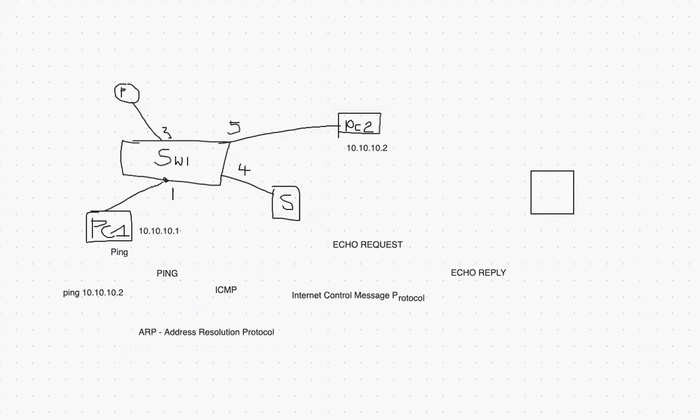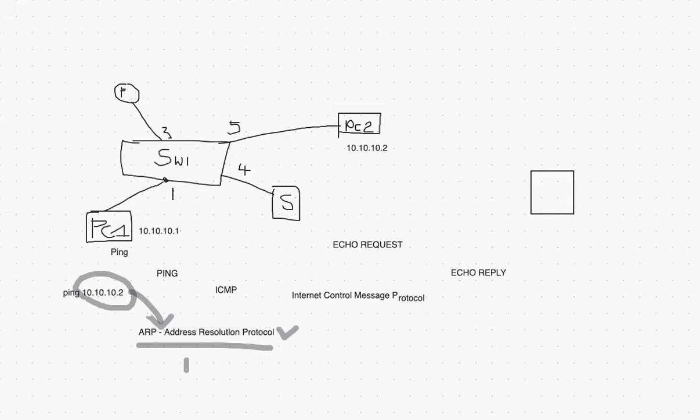Because PC1 does not know what 10.10.10.2 is, it tries to look into the ARP table in its database. PC1 will check the ARP table: hey ARP table, do you know where 10.10.10.2 is? The ARP table will say, I don't know what 10.10.10.2 is.